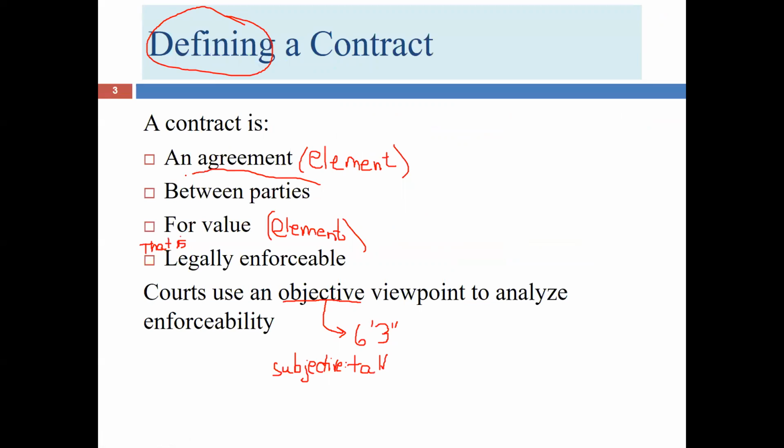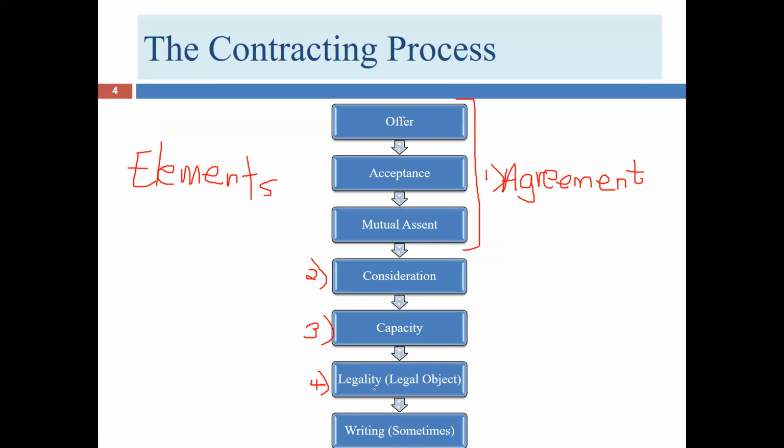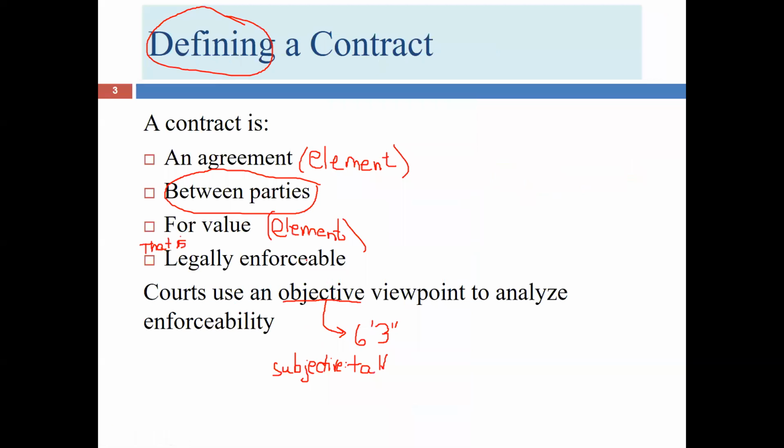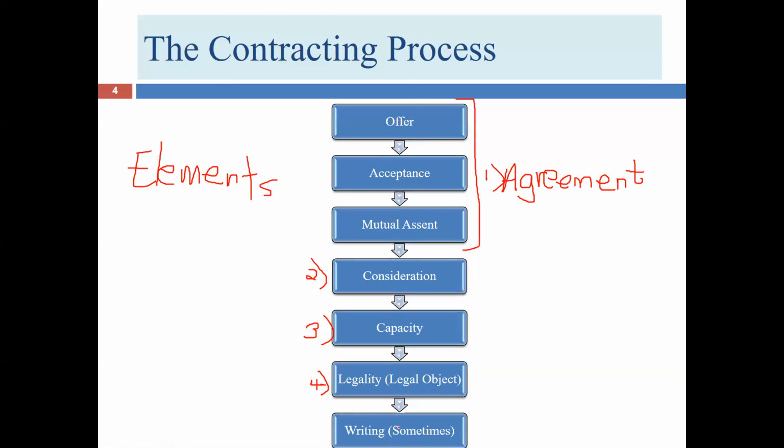It's kind of lurking in this topic. We'll talk about what capacity is in a little bit. But look here, when we get to legality or legal object, it sure is right here. So 3 of our 4 elements are present in our definition. So we'll talk about what all of these 4 elements are and what the 3 sub-elements of agreement are.